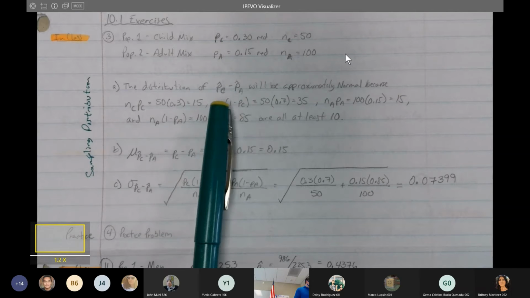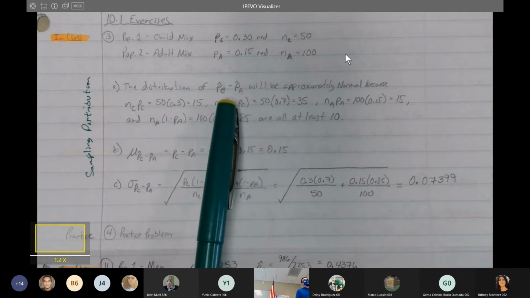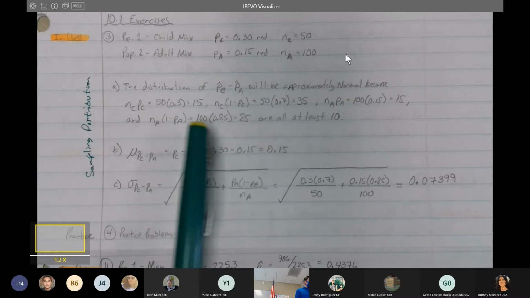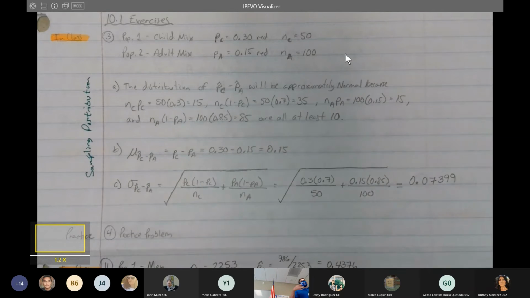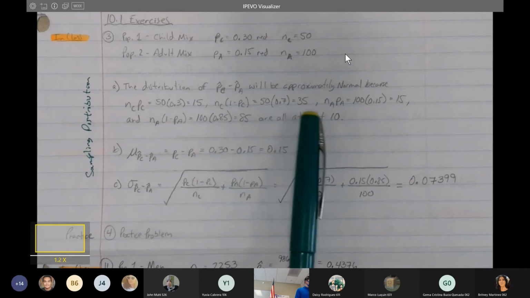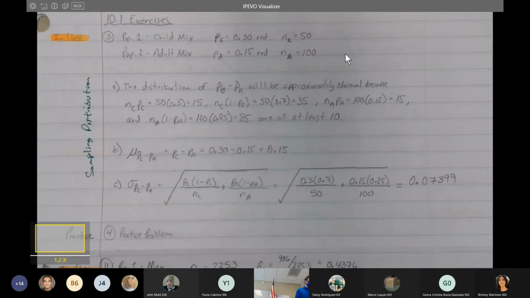So the difference between the sample proportions will be approximately normal because the number of successes and number of failures for each is at least 10. Essentially, that is our large counts condition. The large counts condition allows us to have a normal distribution. So we have 15, 35, 15, and 85, all at least 10. So we're good.